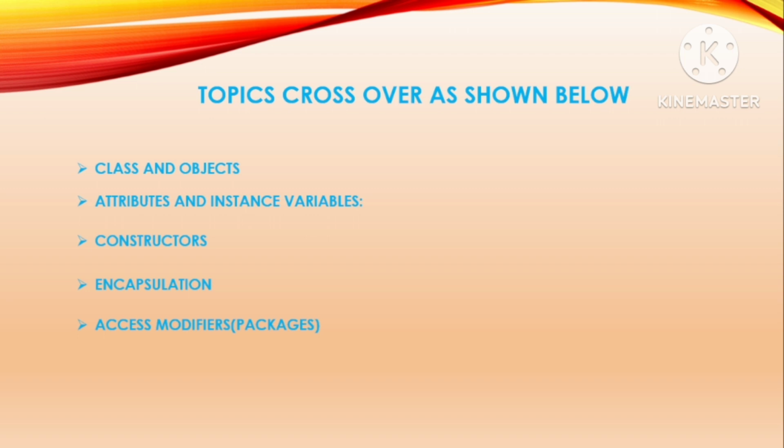The next topic that we are going to take is getters and setters. As said earlier, to have access to attributes with access modifiers like private, we are going to use getters and setters. A getter is simply an accessor method that allows access to the values of private attributes. And a setter is a mutator method that allows modification of the values of private attributes.